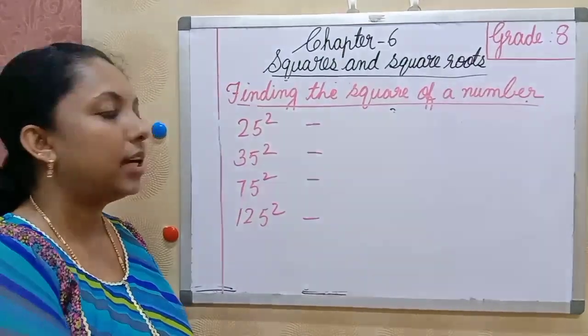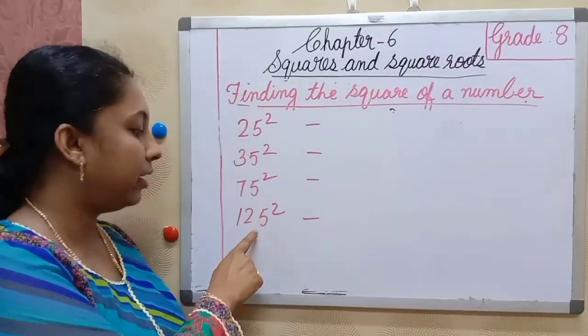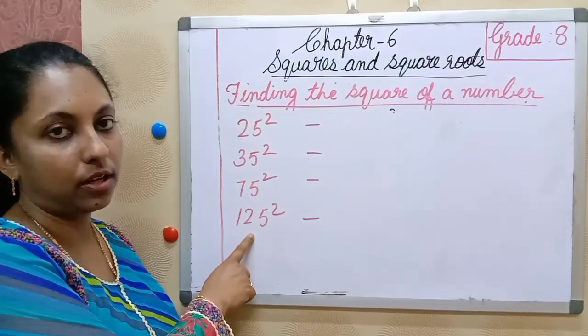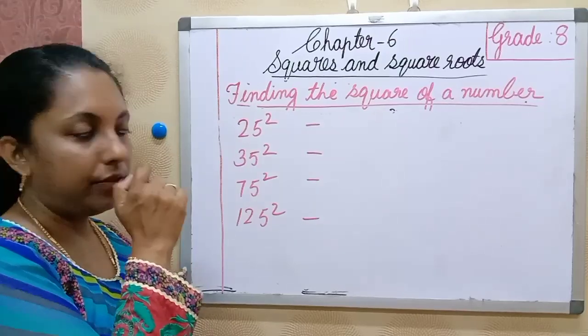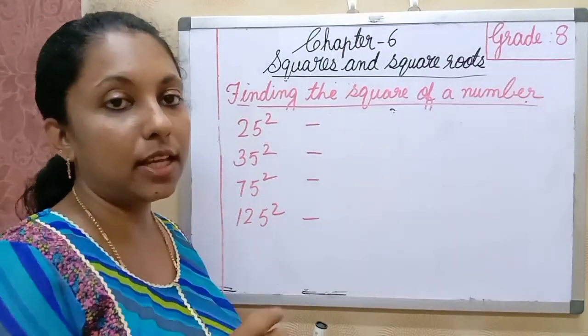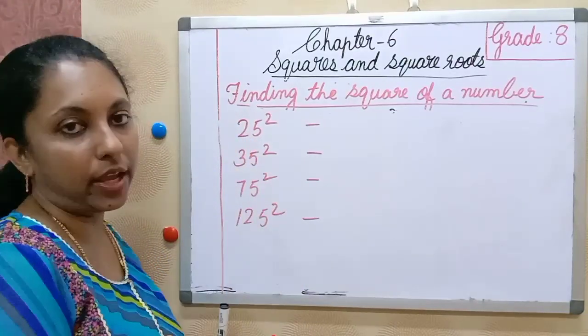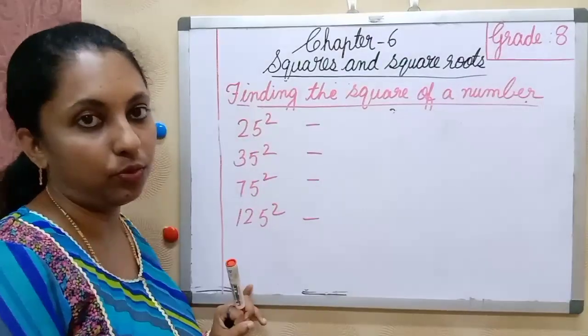Next, consider these numbers. See, 25 square, 35 square, 75 square, 125 square. See here, unit place digit is 5. If the unit place digit is 5, there is an easier method to find the square number. See here, first digit is 2.